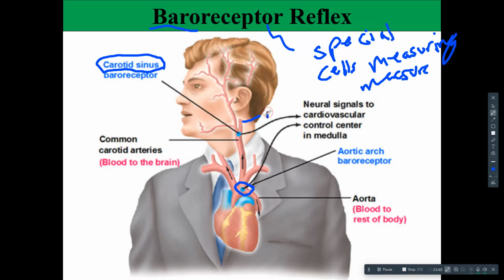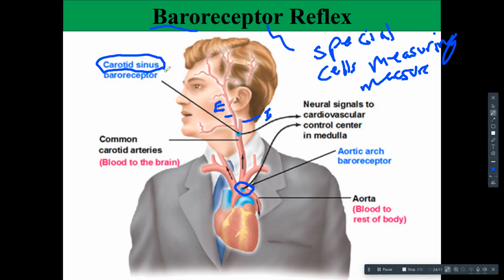So this is my internal carotid here, and this is my external carotid right here. And at that splitting or slightly above it, there is a widening in the artery, and that wide area is called the carotid sinus. So there's this wide area of your carotid artery right at the split.